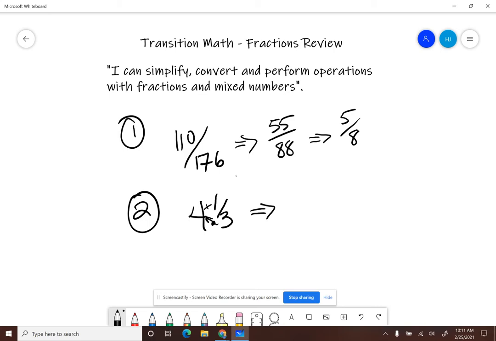And then you add the number that's up top. So multiply the denominator times the whole number, and then add to that the numerator. So 4 times 3 is 12. 12 plus 1 is 13. That would become my new numerator, and my denominator just stays the same. So 13/3 would be my answer for this one.